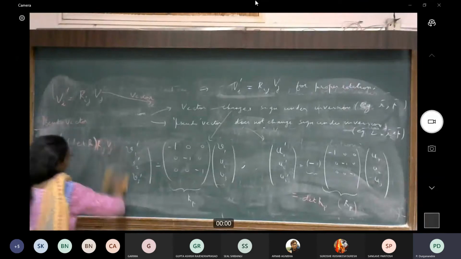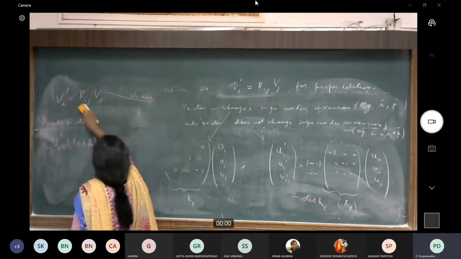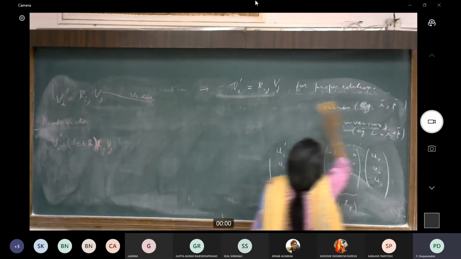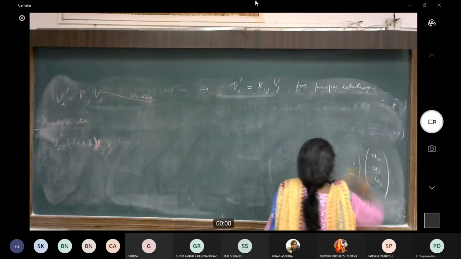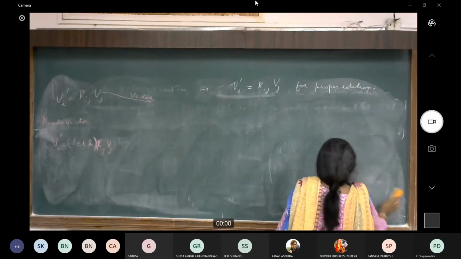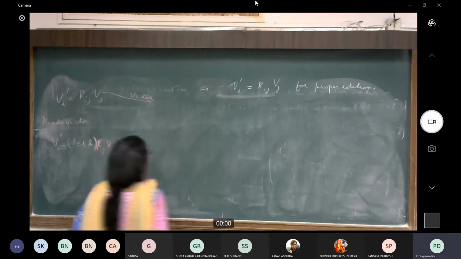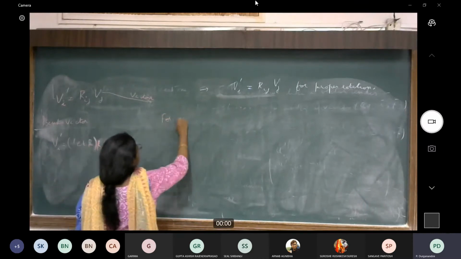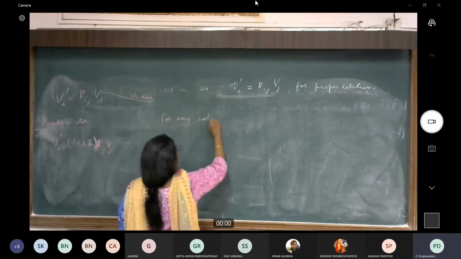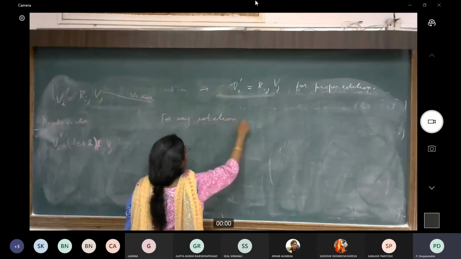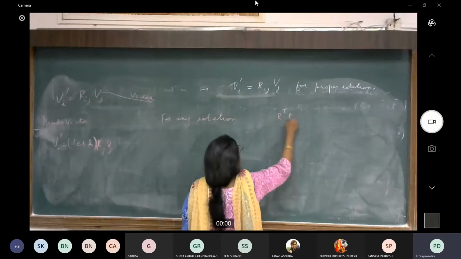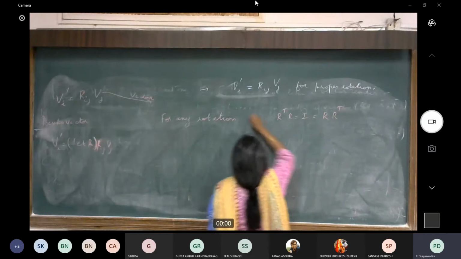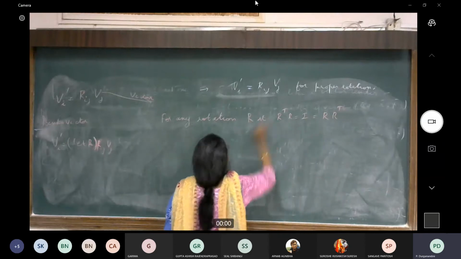So therefore, we can now extend this definition to pseudo tensors. So most generally, I will say that tensors are objects which will transform like this. So now, irrespective of whether you have a proper rotation or anything, for any rotation, so I'm now generalizing my definition. For any rotation, that means R transpose R equal to identity equal to R R transpose, such that this is there.